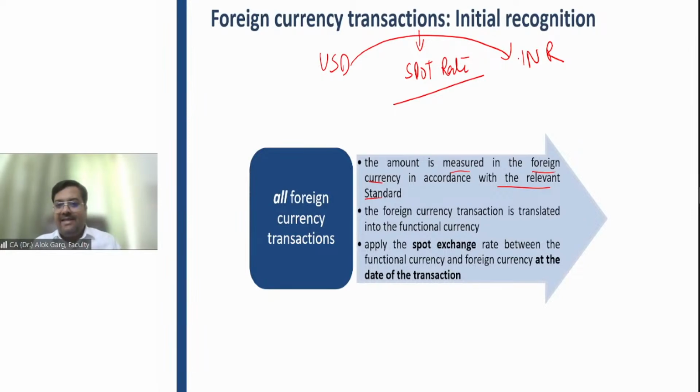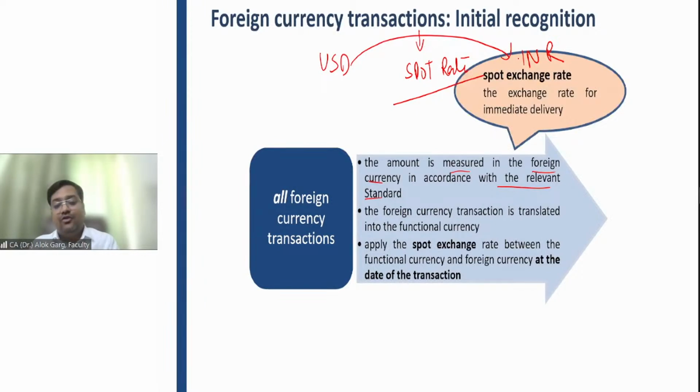So the standard says that if it is a one-off transaction, the concept is the spot rate on the date of transaction. But if the transactions are on a frequent basis, then you may apply monthly average, quarterly average, weekly average, or yearly average, whatever suits you, provided there should not be major volatility in the exchange rate.